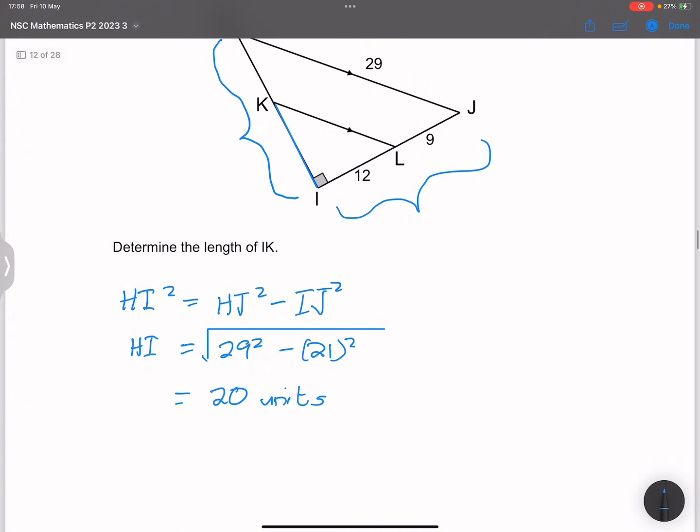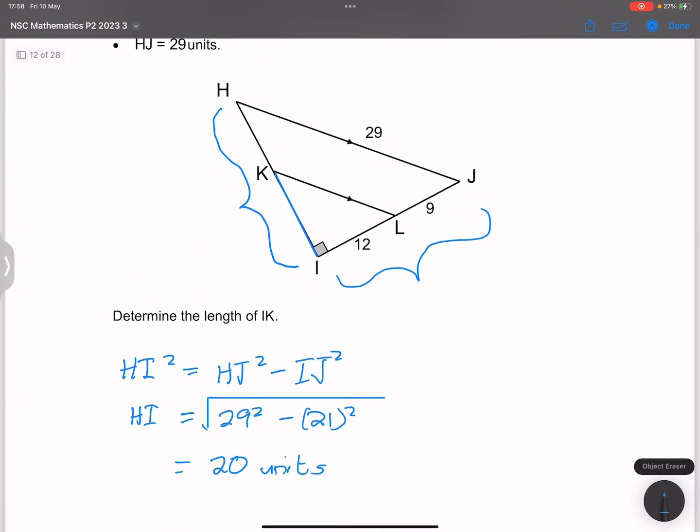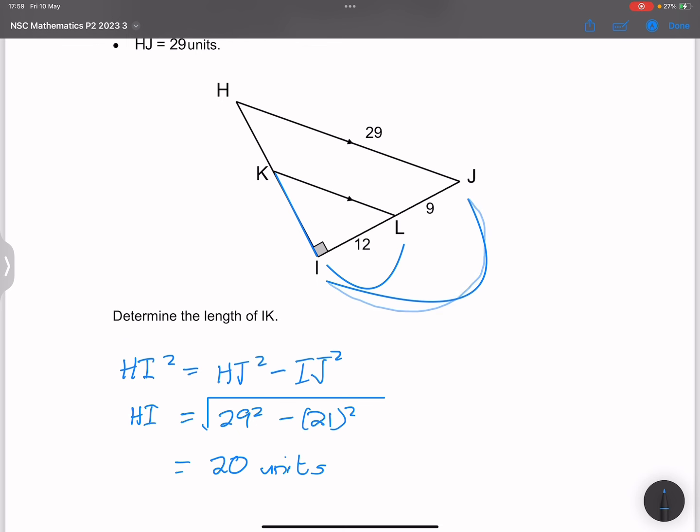But now remember that we've got a ratio over there, right? So if I take IL over IJ, this would be equal to IK over HI. So let's write that down.